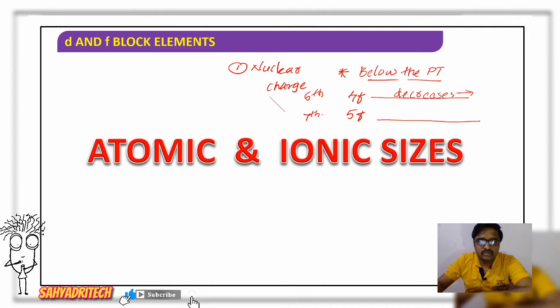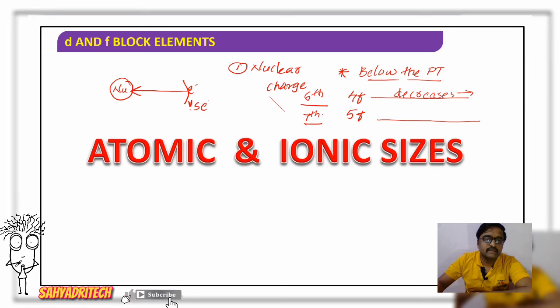The added electron goes to the same shell, so the number of shells remains the same. There is no change in the number of shells, but the nuclear charge goes on increasing, by unity every time. Therefore that increased nuclear charge is going to attract valence electrons greatly.